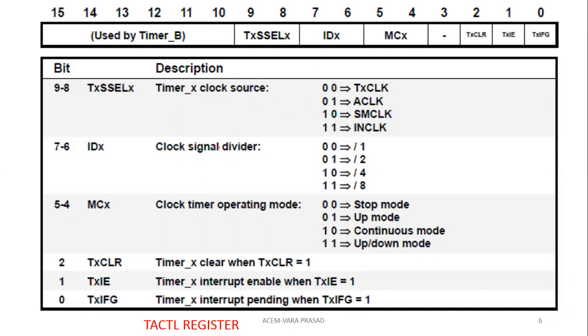That means you can divide by 1, divide by 2, divide by 4, or divide by 8. And MC, we have already studied.